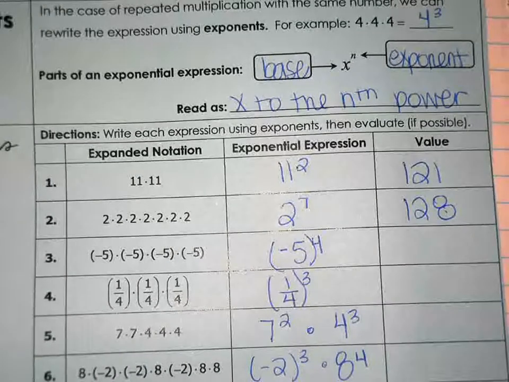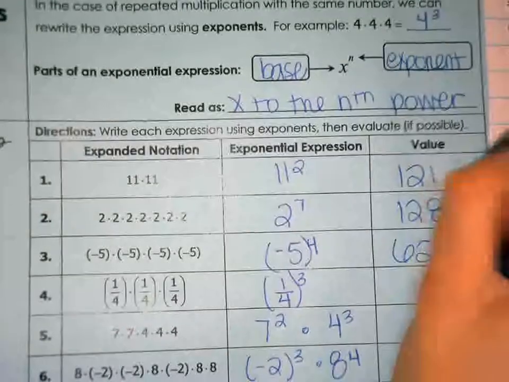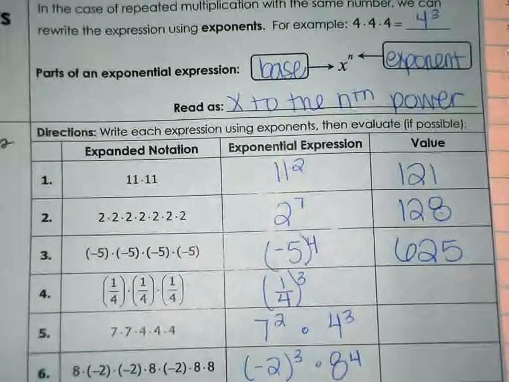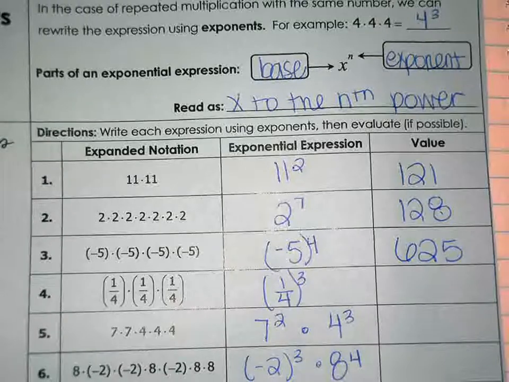All right, what are we thinking? 645. What, everyone? 645. Now, what question do you think I'm going to ask you? Is it positive or negative? Positive. Why? Because it's negative 25.